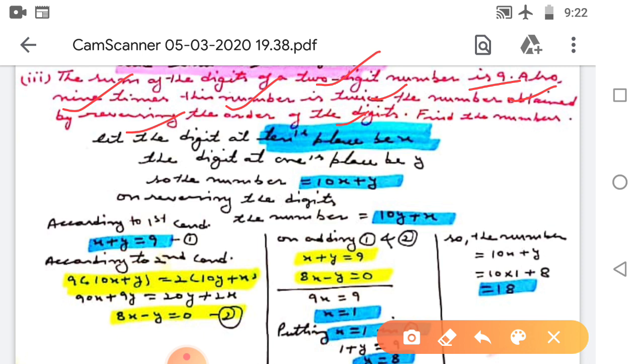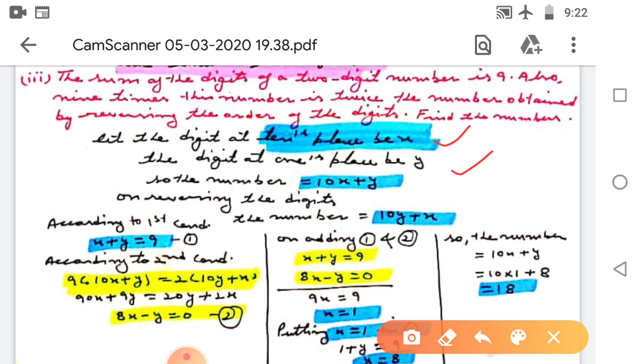So in this question we have a 2-digit number. Let the digit at tens place be x and the digit at ones place be y.